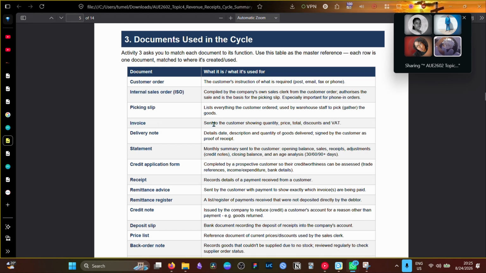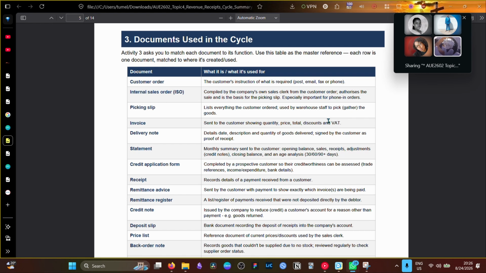Now we have the invoice sent to the customer, showing quantity, price, total, discounts, and VAT. Now this one, where is this one? Where is this one?